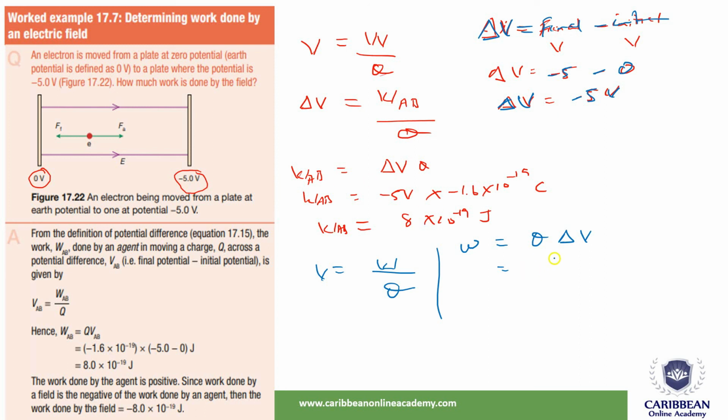So what we're saying now is that the charge of an electron is negative 1.6 times 10 to the -19, times the change in potential, which is -5 volts, right? We can see that the work is going to equal to... what's the work going to equal to? Did I work that out?